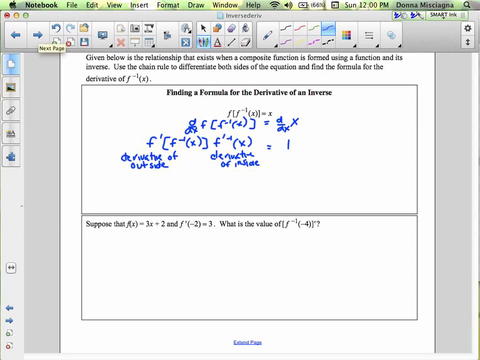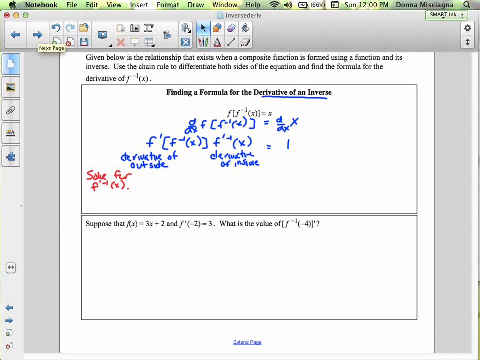Now we want to find the derivative of the inverse, which means right here we have it, right? So we need to solve for f prime inverse of x. So now all we're going to do is just divide by the f prime of f inverse of x, the outside part.